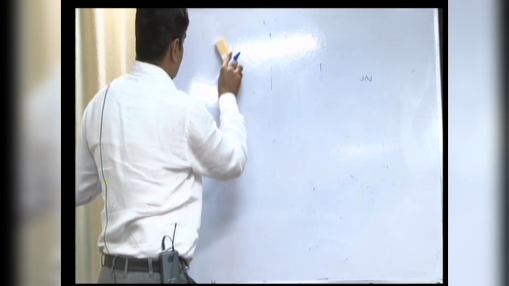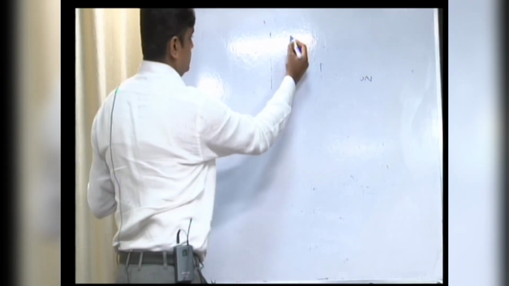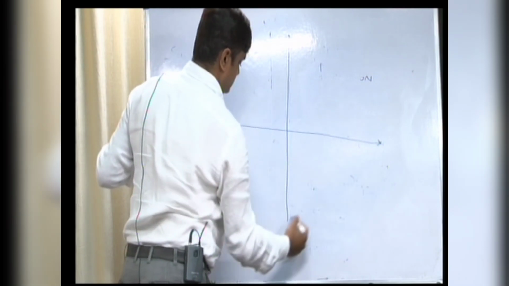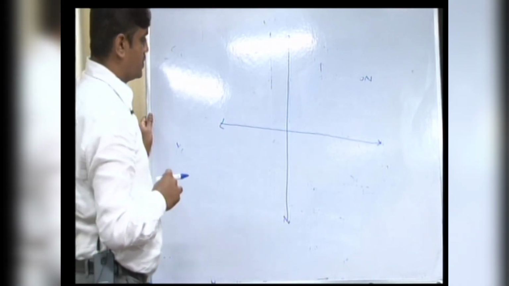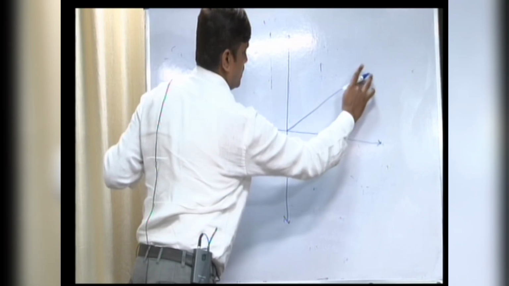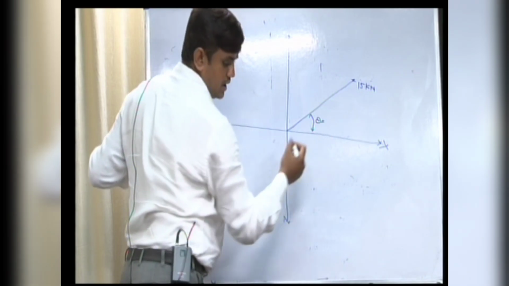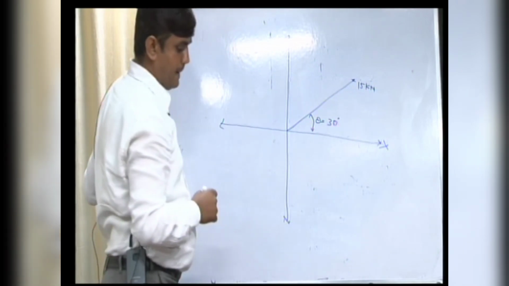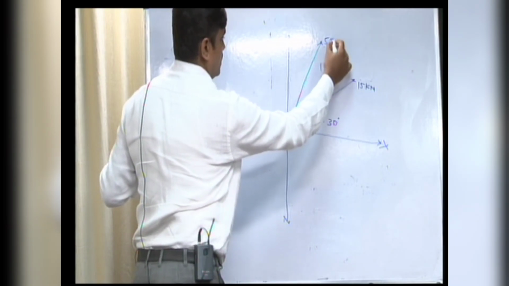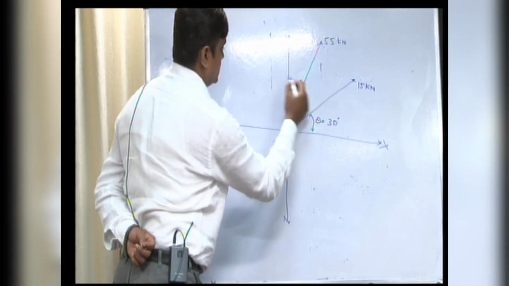Now let us consider the next problem. The first one is a 15 kilonewton force which makes an angle theta equal to 30 degree, and a 55 kilonewton force which makes an angle of 70 degree with the y axis.